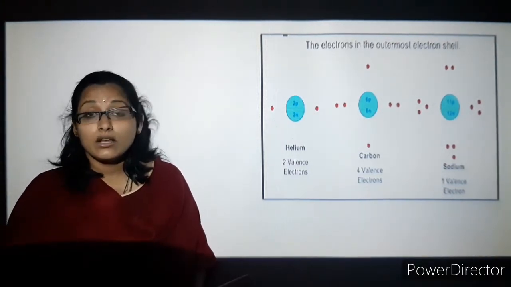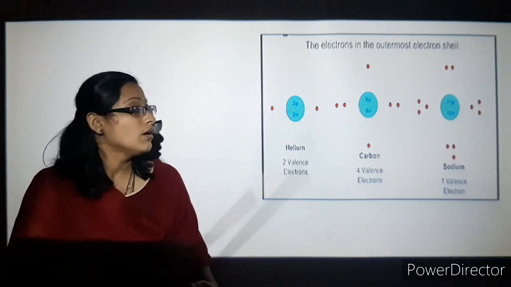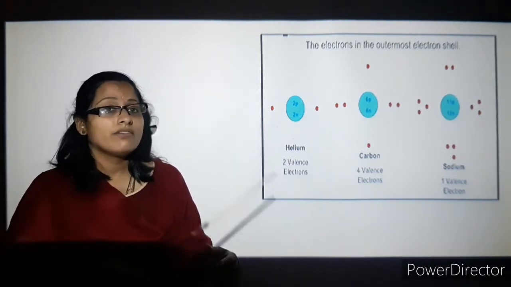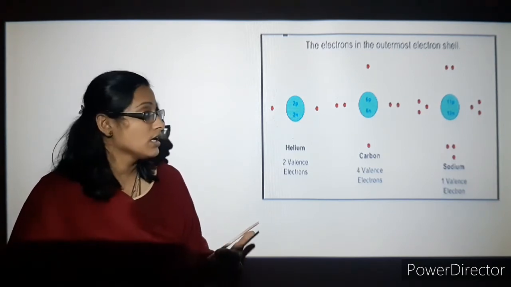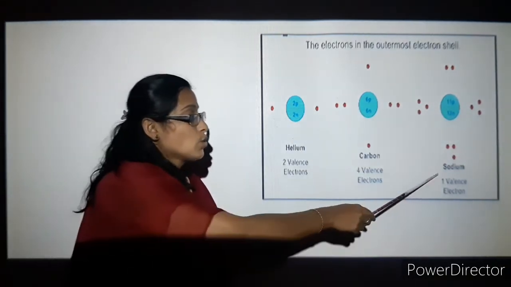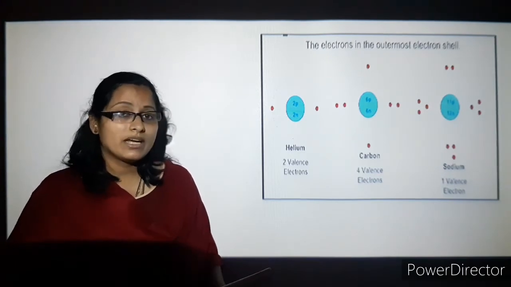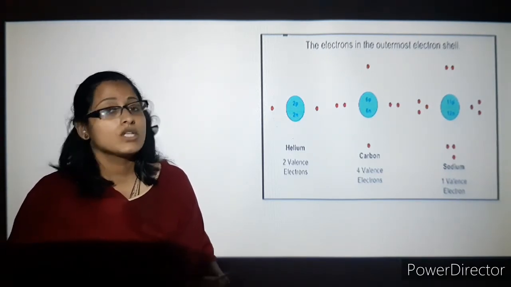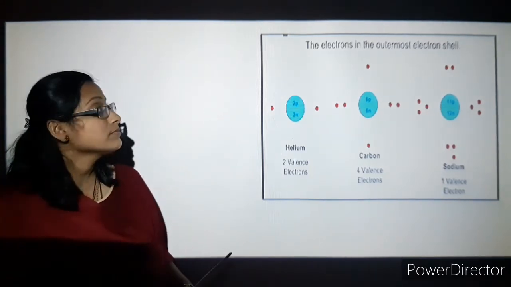Because it cannot take 7 electrons from other metals or atoms, because 7 is very tough to gain, and it is easier to give 1 electron from this sodium. So sodium is a metal. As I told, metals will always give off their electrons and non-metals will take the electrons.